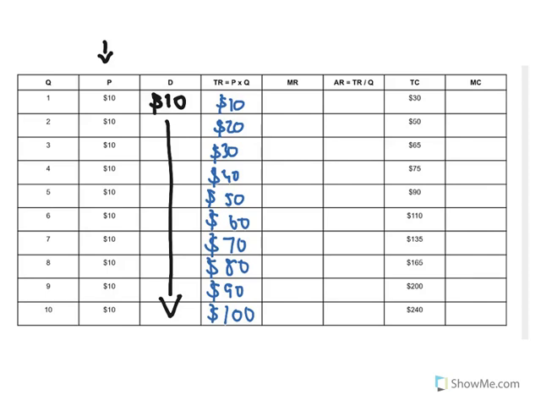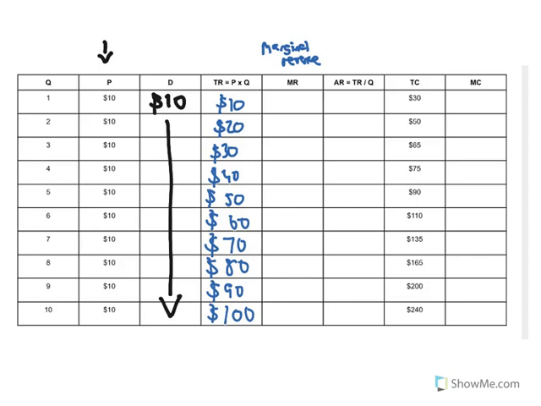The next column over is a new one for us, MR, and MR is marginal revenue. Marginal revenue is the additional revenue I get by selling an additional unit of output. In other words, it is the change in total revenue.